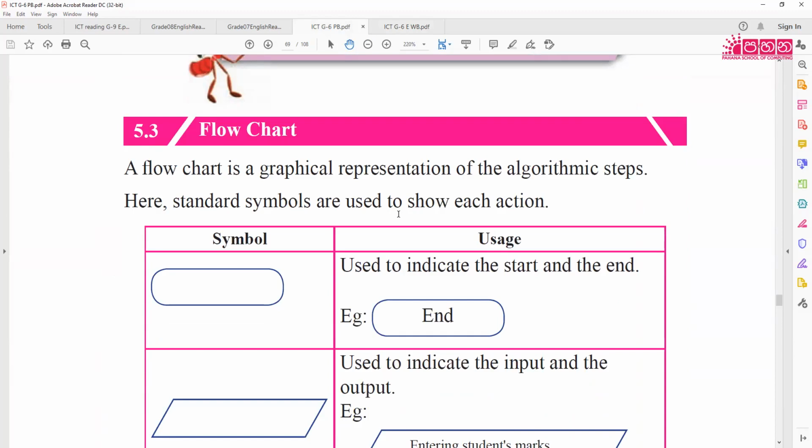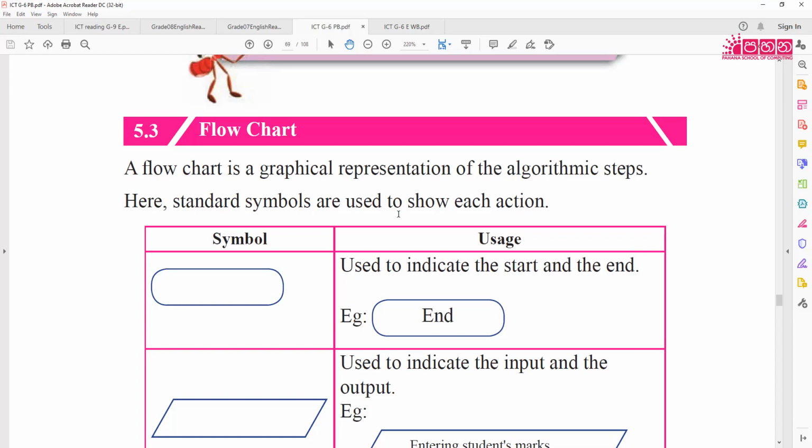But since you are beginners, it's always better to learn graphically. In the previous case, we just wrote in simple English. This is sometimes known as pseudocode. It's a way of writing algorithms.